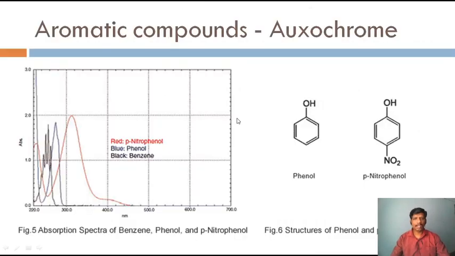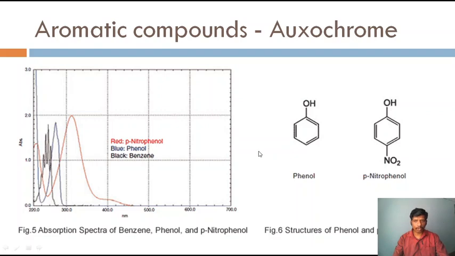Right? And solvent also has an effect. Solvent has an effect, and for aromatic compounds, you can see here benzene absorbs in this region, but when an OH group is introduced into the benzene, the pattern changes, and there is a shift to a longer wavelength, right?